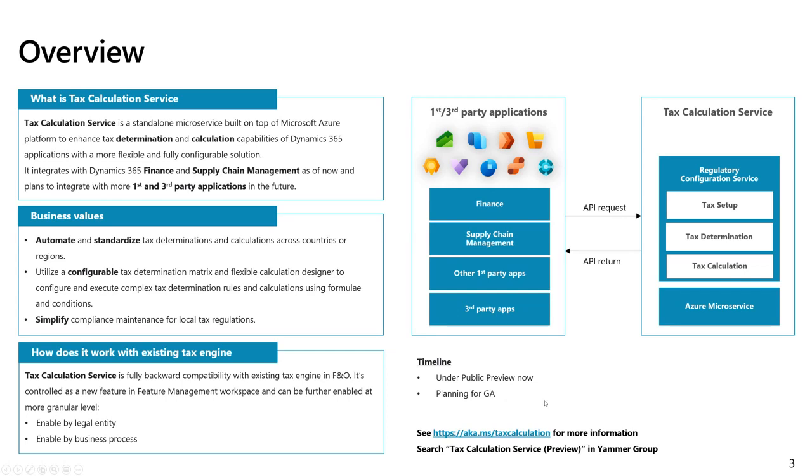You can check our release plan for the detailed date when the GA of tax calculation service will be announced. Further to mention here, we also have a Yammer group. You can search tax calculation service preview in Yammer to find our group. We already have very hot discussions there, and we also have some demos in the group. And this preview word will be removed after GA is announced. So after GA, you may need to search tax calculation service.